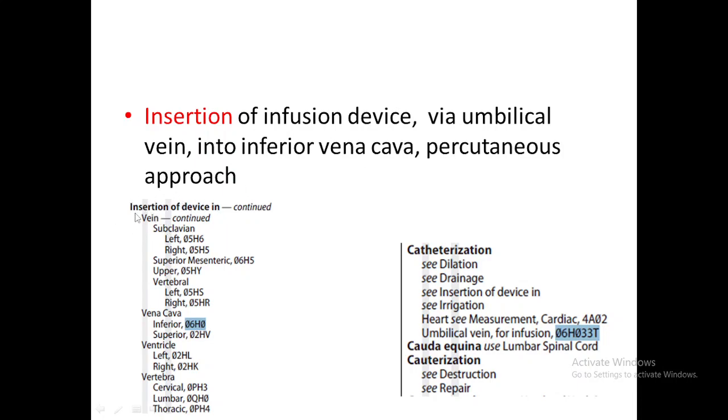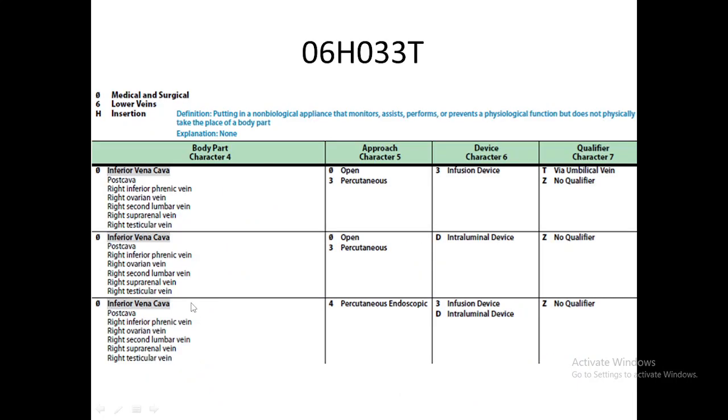So we should use the term insertion of device in and search for vena cava. So vena cava, here inferior vena cava. So inferior, 06H. So 06H and up to inferior vena cava. We should not code for umbilical vein here. We should code for inferior vena cava.